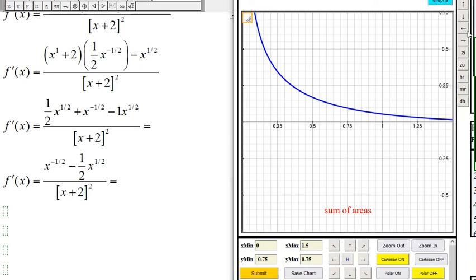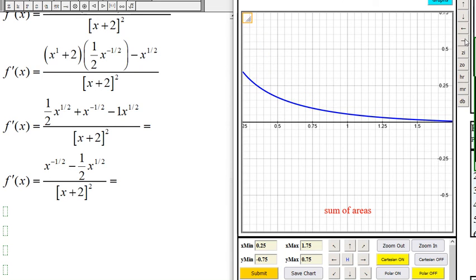So at 1, we see that the derivative is positive. And then beginning at 2, that's when the graph is below the x-axis. So that's when the derivative is negative. And so we can see that the derivative is negative beginning at 2.